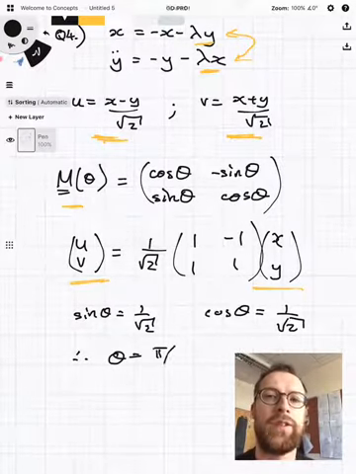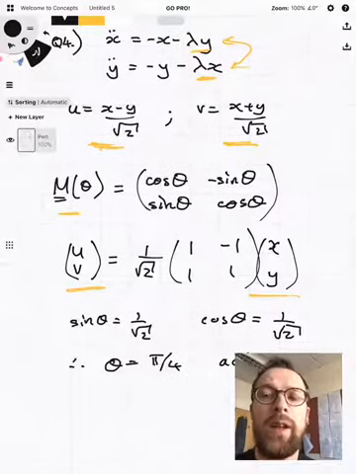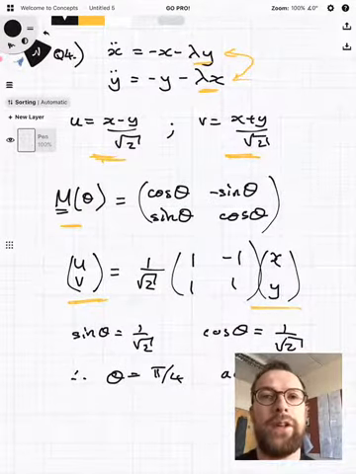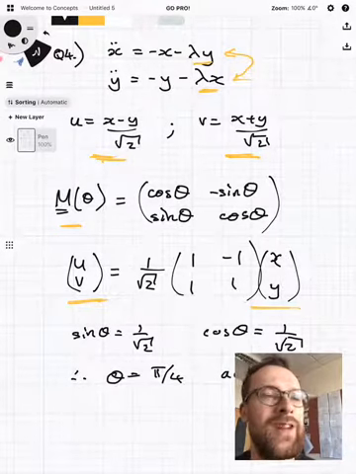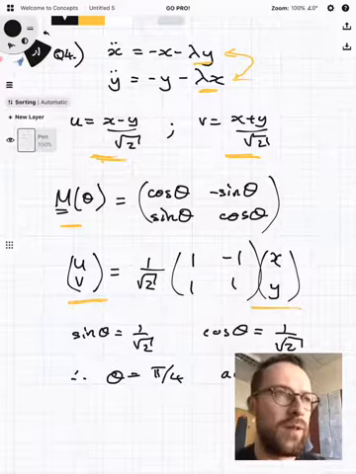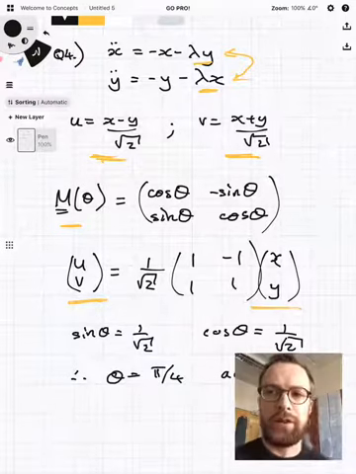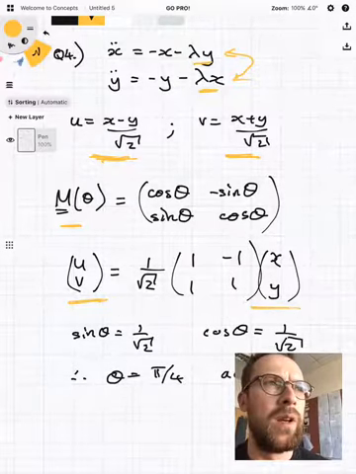Upon comparison, if you set theta to pi by 4, then you get exactly the same matrix. So it's equivalent to a rotation by pi by 4, and this matrix is for rotation anti-clockwise around the axis. So that's 2 of the 4 marks for describing that in words: rotation pi by 4, anti-clockwise.